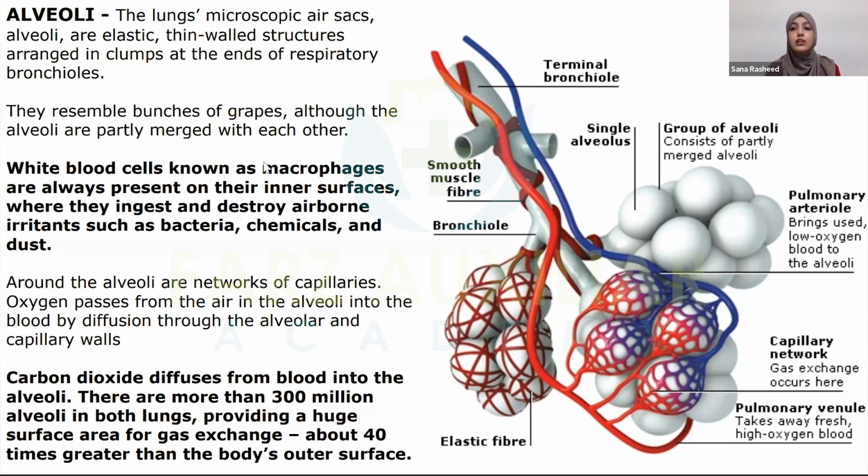Oxygen passes from air in the alveoli into the blood by diffusion through the alveolar and capillary wall. So the process through which oxygen moves from the alveoli to blood is diffusion. We are going to discuss the details of this process in the physiology. Carbon dioxide diffuses from blood into the alveoli. There are more than 300 million alveoli in both lungs that provide a huge surface area for gaseous exchange.